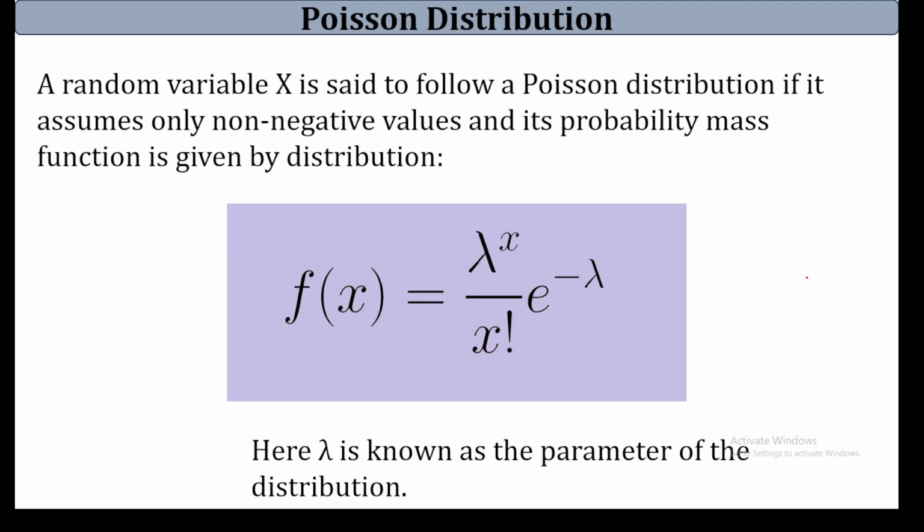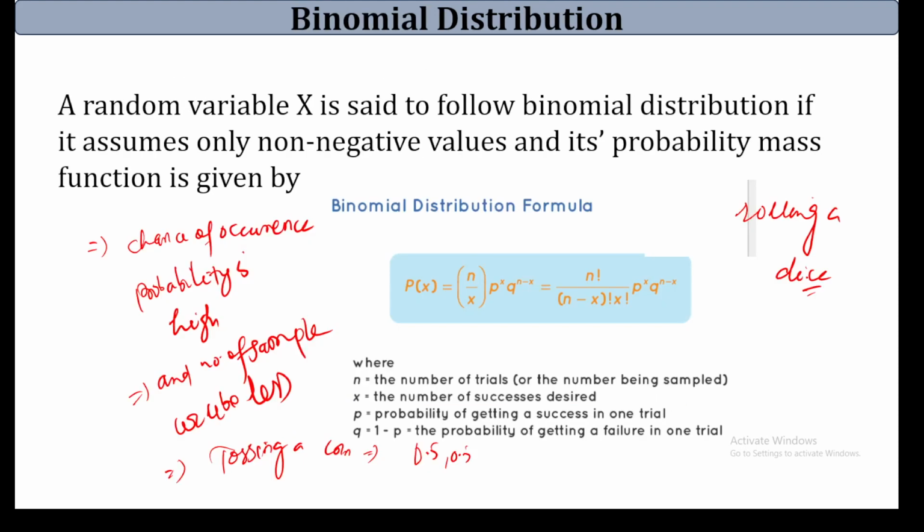If you talk about the binomial distribution, we can solve some problems also. Say you are going to toss the coin 10 times, so n is equal to 10, and they ask for the probability of getting head at least 7 times.